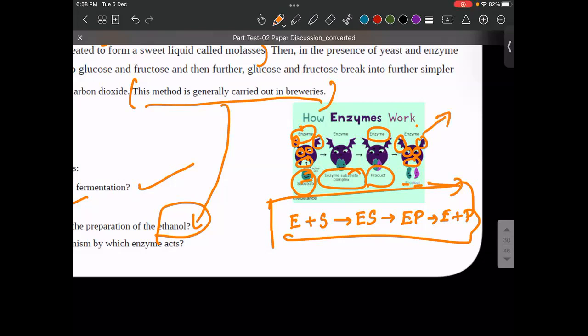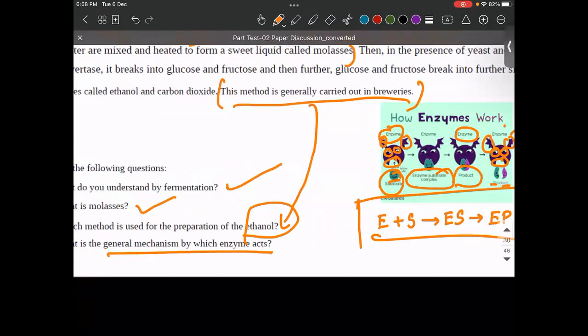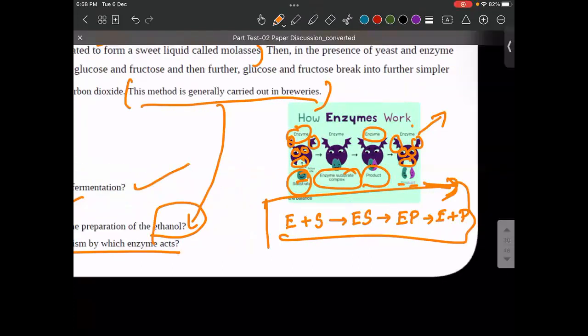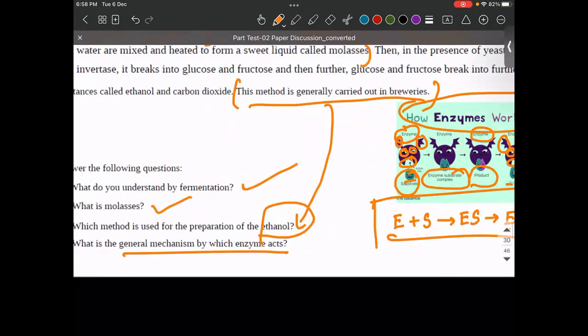Enzyme comes out of the reaction without any change. If you write this in sentence form, how does enzyme work? Diagram is given, you have to give the explanation. That's the question: general mechanism by which enzyme acts. In sentence form: enzyme binds with substrate, forms enzyme substrate complex, and then it forms enzyme product complex, and then enzyme comes out of the reaction by releasing the product. This is the general mechanism. This only you have to answer. That's the question asked.